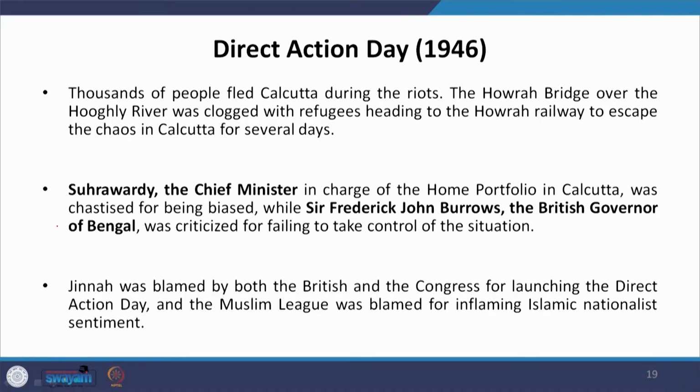As a result of the Direct Action Day, thousands of people fled Calcutta. The Howrah bridge over the Hooghly river was clogged with refugees heading to the Howrah railway to escape the chaos in Calcutta for several days.